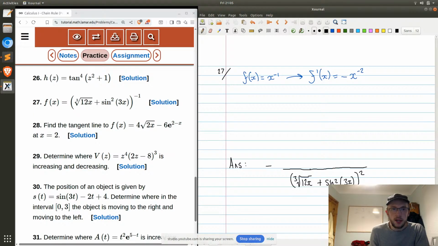And now I have to differentiate this big inside piece. So this part here, I don't know. Not yet. But here I try.